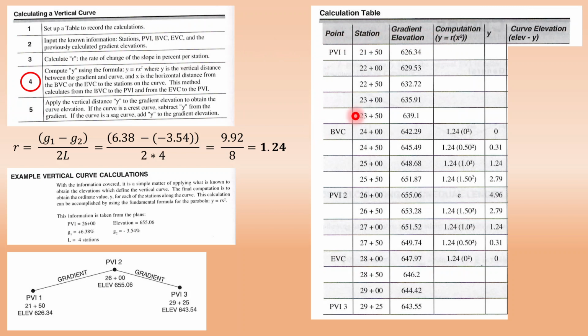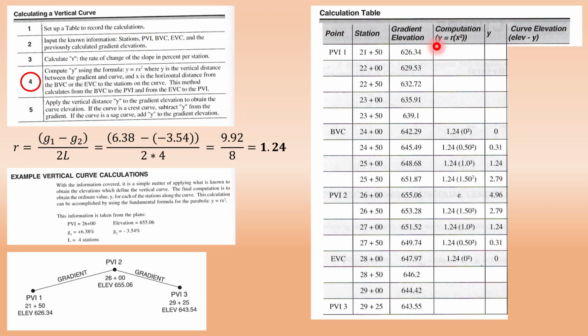We said back then x is that distance, the horizontal distance, expressed either from the beginning of the vertical curve or the end of the vertical curve. And what you want to do is express it from the beginning of the vertical curve out until you reach your halfway point, and then you want to express it from the end of the vertical curve, from the halfway point out to your end, right?